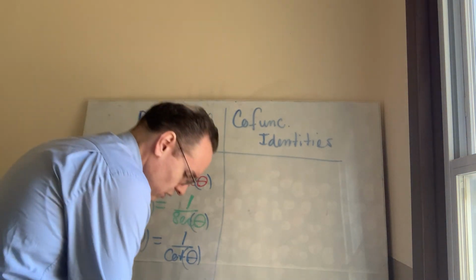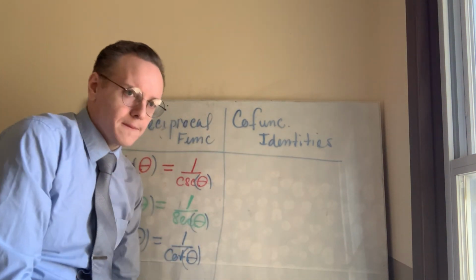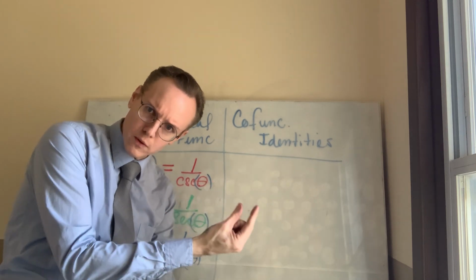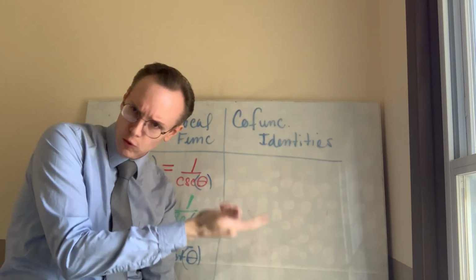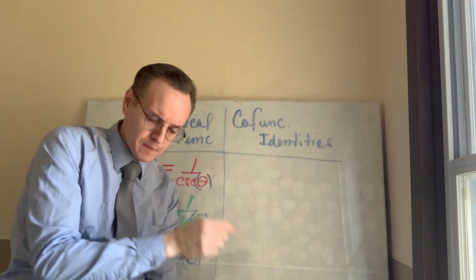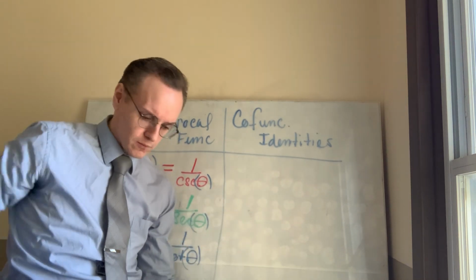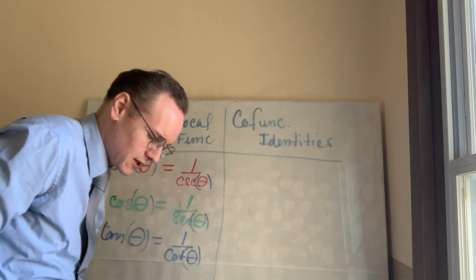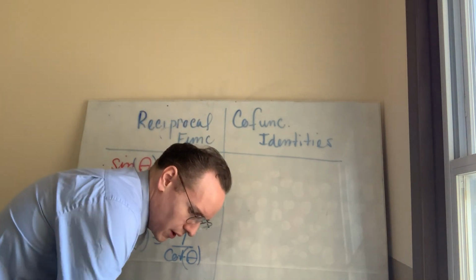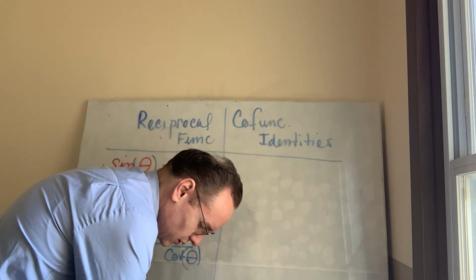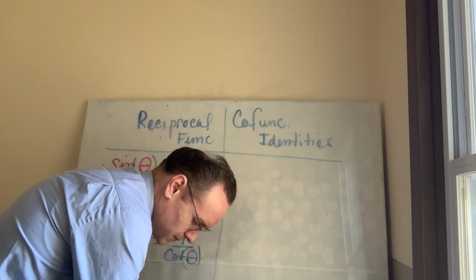As for the cofunctions, remember the co- prefix that is thrown into cosine, cotangent, and cosecant is referring to them being out of phase by 90 degrees, which means that if you were to subtract the angle from 90 degrees, they would be equivalent. Here's what I mean.